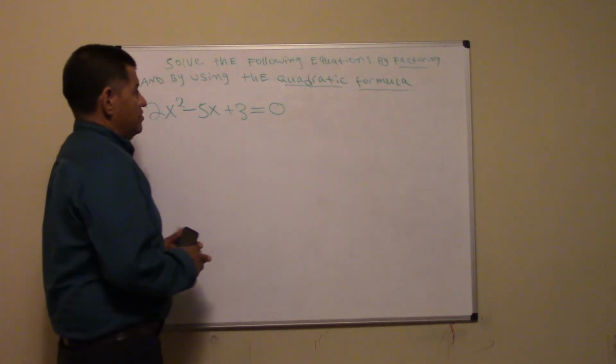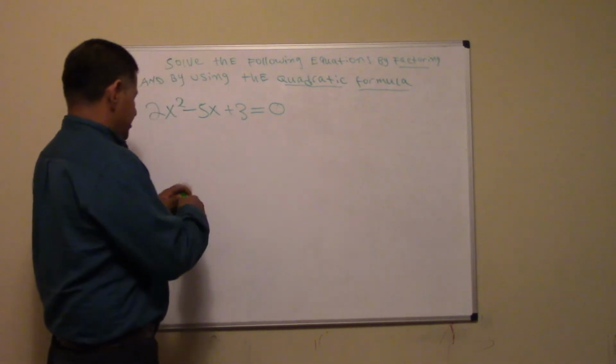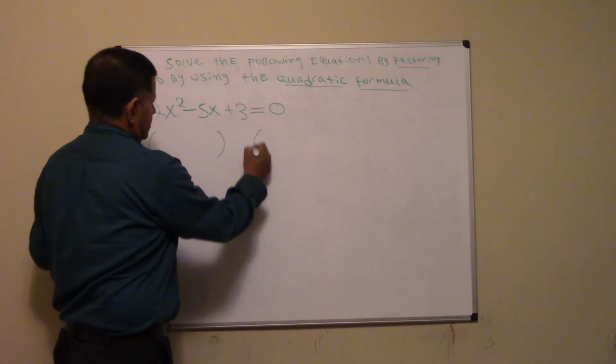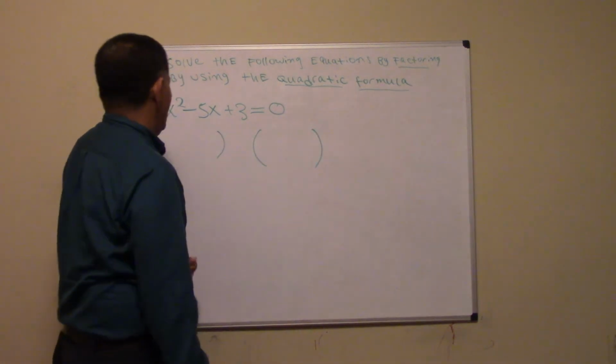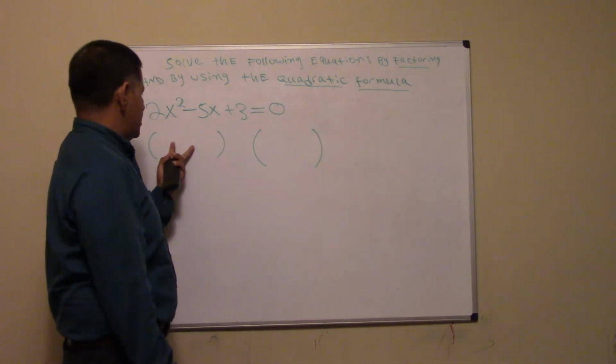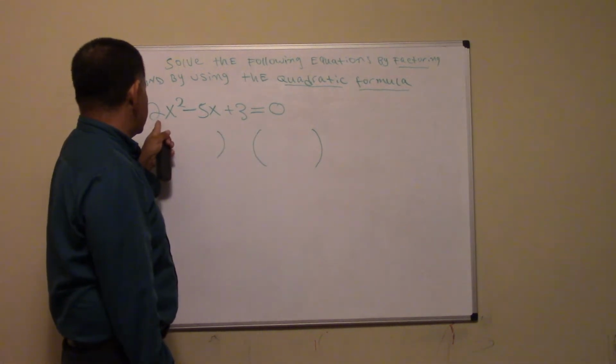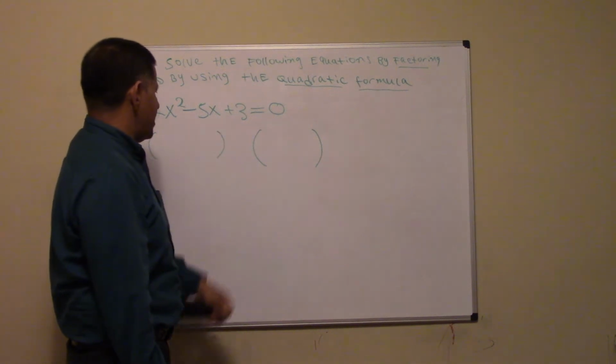Okay, so by factoring, I have to see what terms here will multiply to give 2x squared minus 5x plus 3, right?